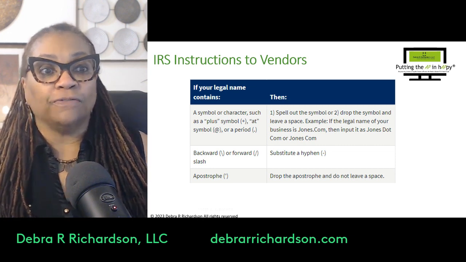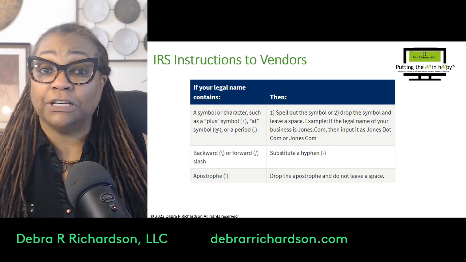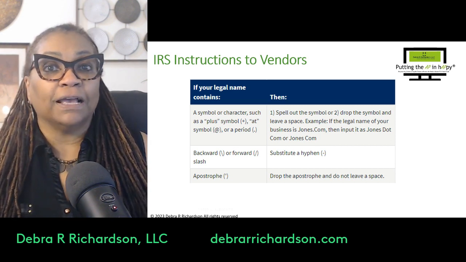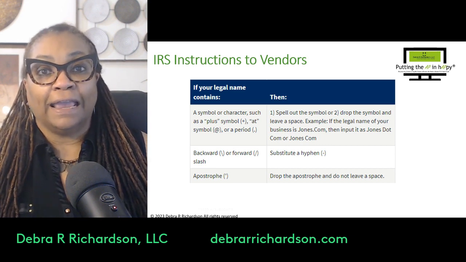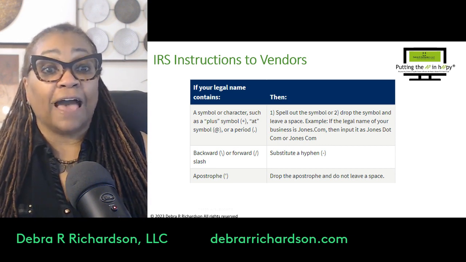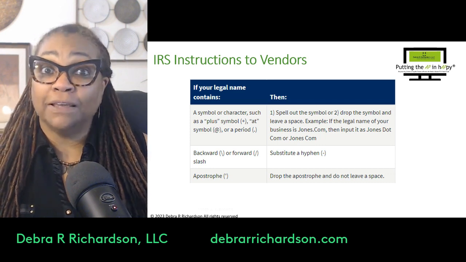The vendor has questions about what happens if the legal name contains certain characters, because the IRS TIN match only accepts the ampersand and the hyphen as special characters. So what happens in other scenarios?